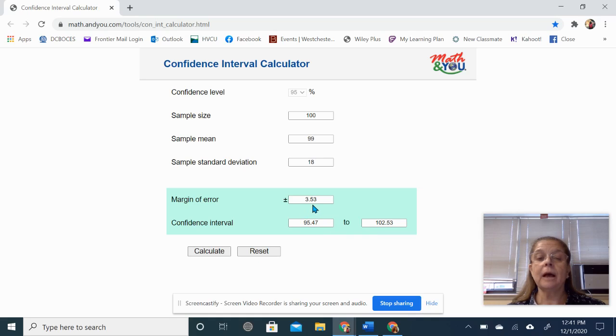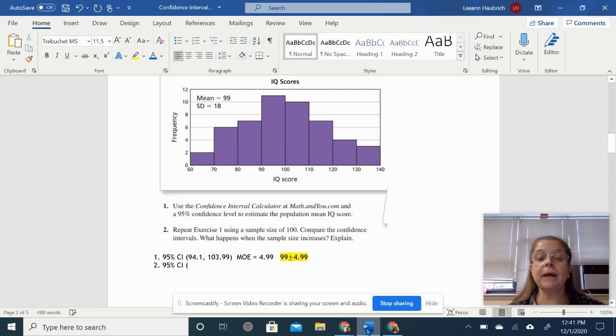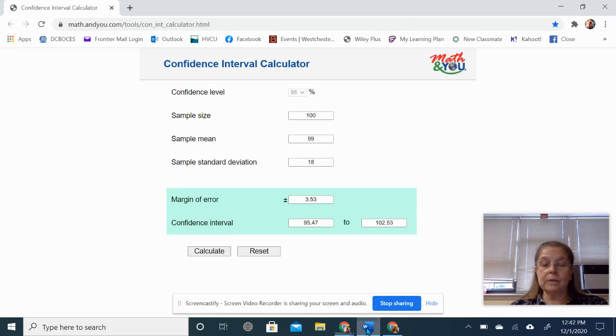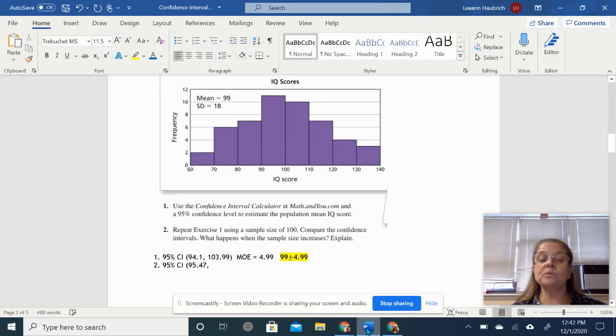Our margin of error has decreased. Our sample size has increased, so our margin of error has decreased. So the low value is 95.47, comma. Our high value is 102.53.